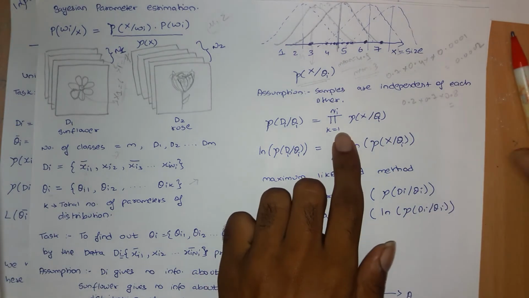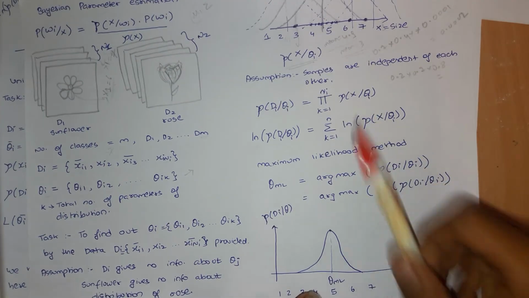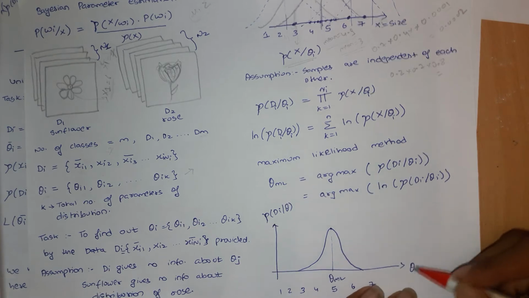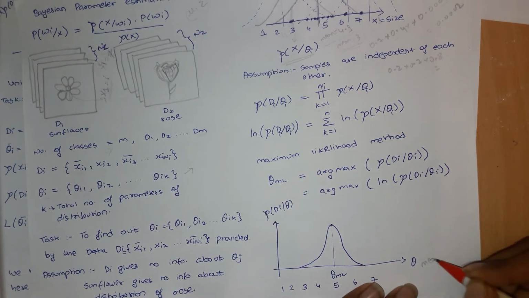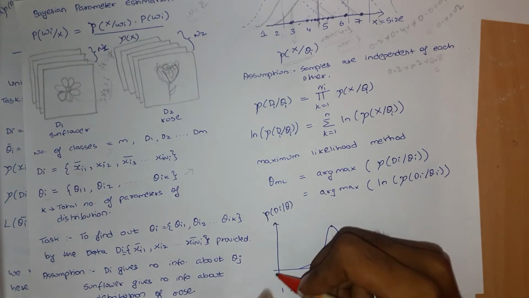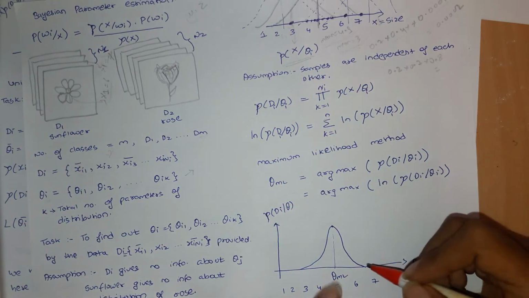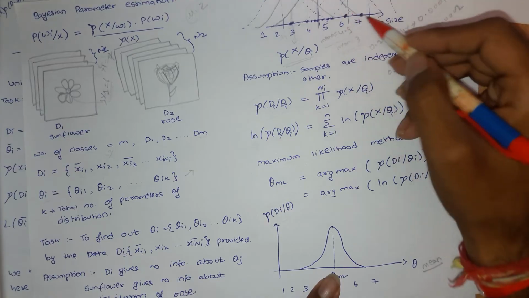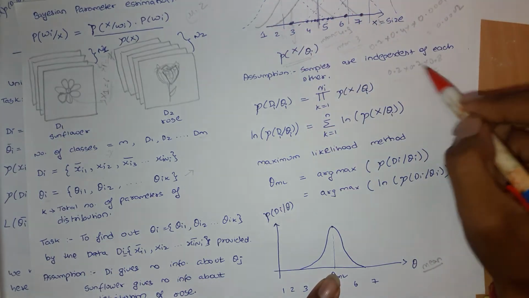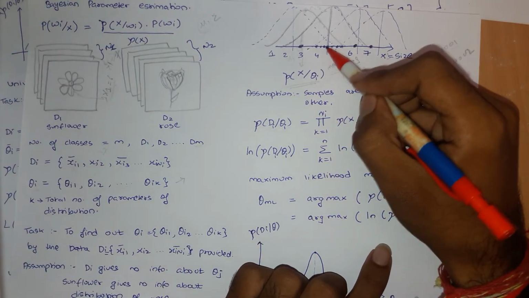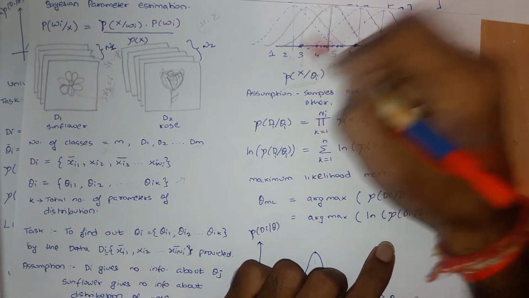So now if you plot theta on one axis, say the mean, and on the other axis the probability of di given theta i, you will see that in this iteration, for mean equal to 4.9, we got a good probability.